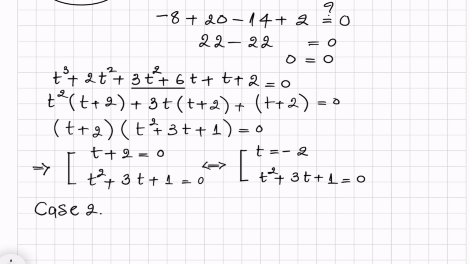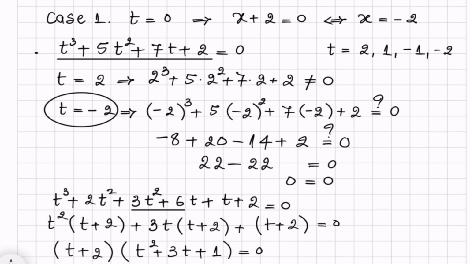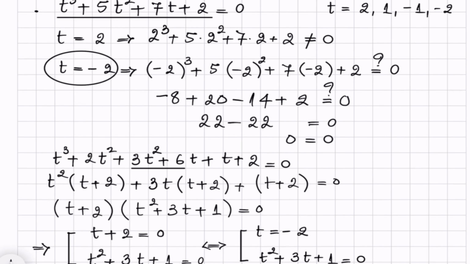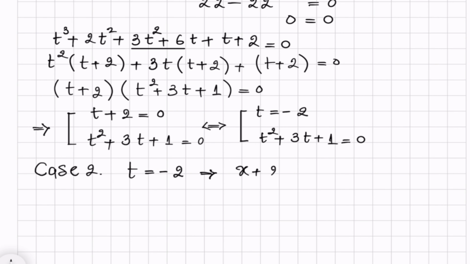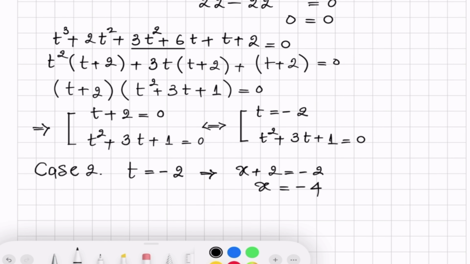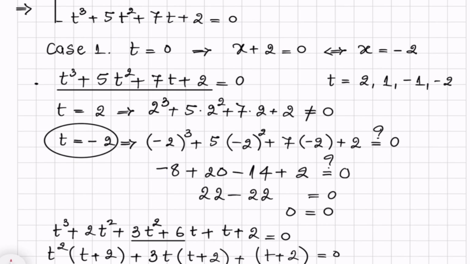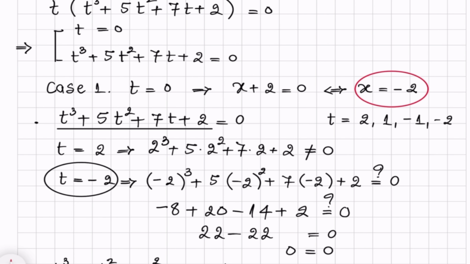Let's say case 2 here. When t is equal to -2, then we have to find the values of x. So here we have x plus 2 equal to -2 again. So x plus 2 equal to -2, then x will be equal to -4. So we have found x equal to -4, and another one here, which is x equal to -2, is a root of the equation.